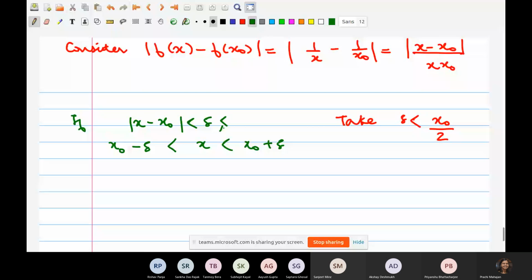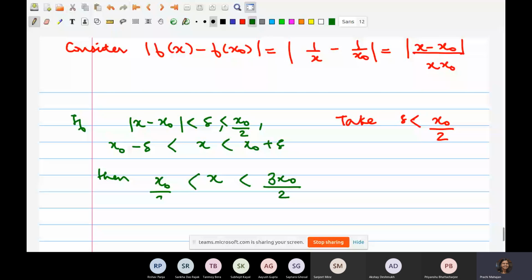Then x would lie between x naught plus delta, which is 3x naught by 2, and x would be at least as big as x naught minus x naught by 2, which means this is x naught by 2. Is that correct?